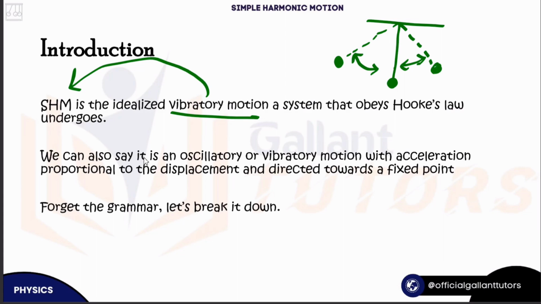So what this particular statement is trying to say is that in simple harmonic motion, acceleration is proportional to displacement. And here in simple harmonic motion, we represent displacement as x. Is that very, very clear? And it's always directed towards a fixed point. This place is the fixed point, or equilibrium.